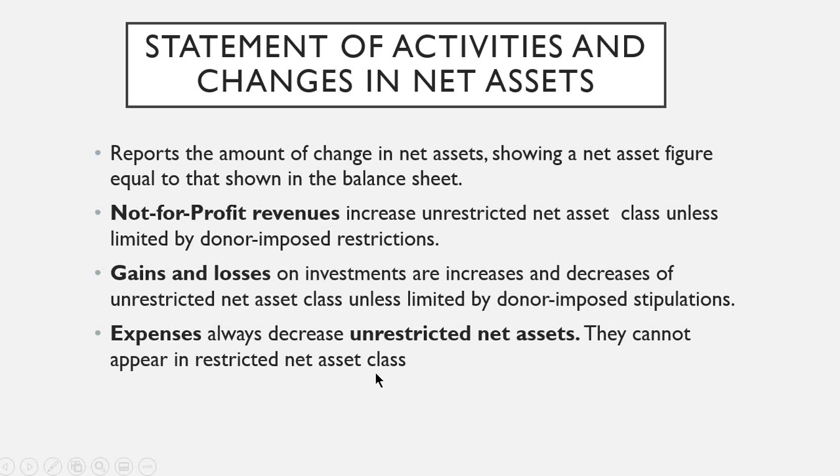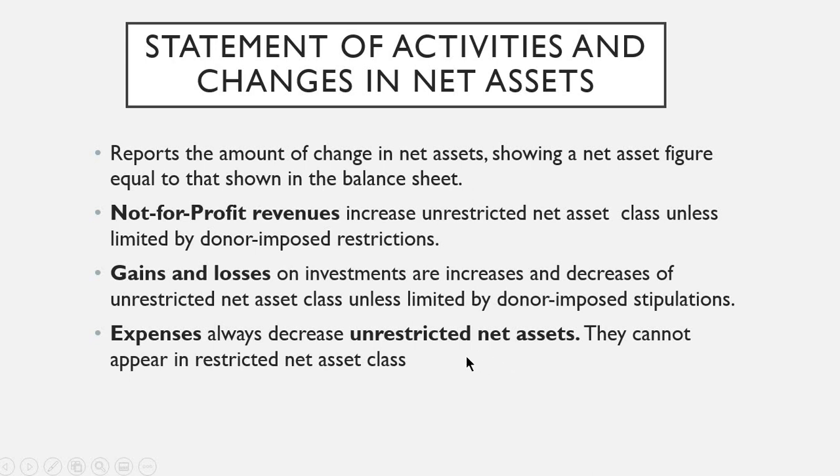Ayan. Now, what if merong mga expenses, okay, na hindi naman talaga siya sa unrestricted net assets? Okay? O there are cases talaga na yung expenses ay para sa mga restricted net assets. So how can you report an expenses to the unrestricted net asset when that expenses is related to a restricted net asset?